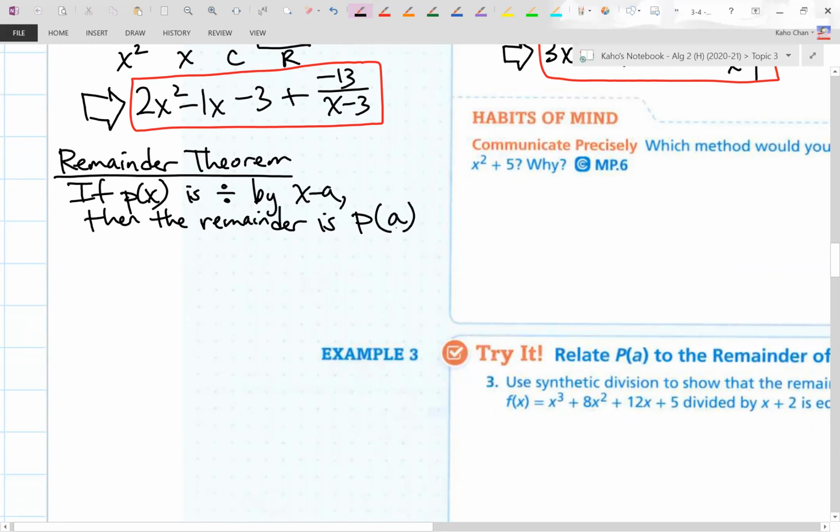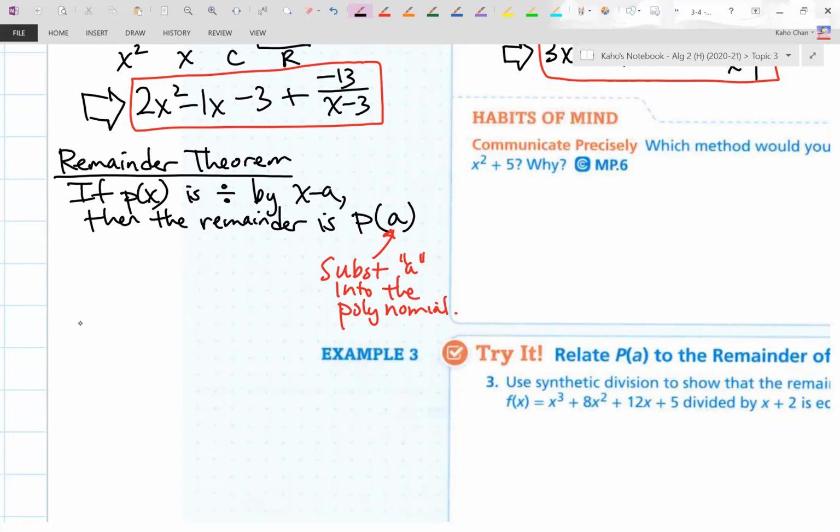This is very powerful. You don't have to go through long division or synthetic division. You can actually get the actual value, the remainder itself, by plugging in the a value into the function. So the key here is to substitute the a value into the polynomial function. The remainder theorem is very, very powerful.